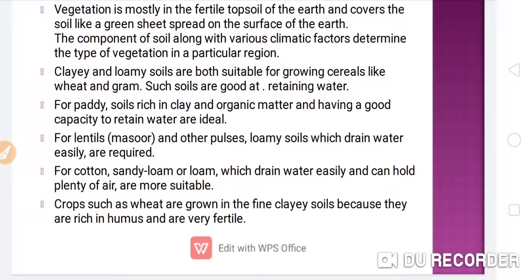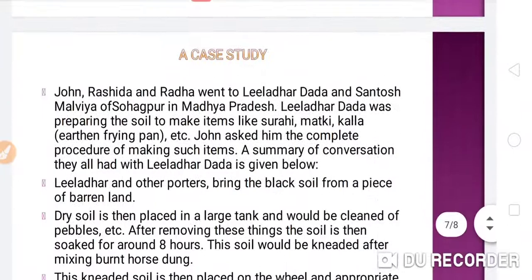For cotton, sandy loam or loam which drain water easily and can hold plenty of air are more suitable. Crops such as wheat are grown in fine clay soils because they are rich in humus and very fertile.